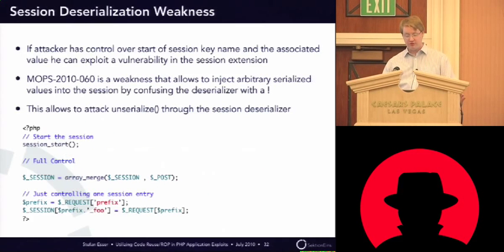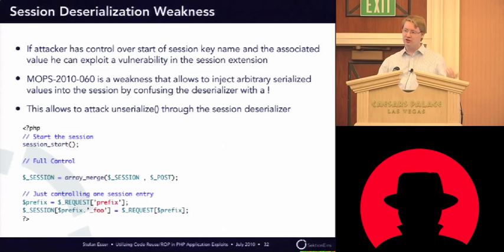The last thing I want to get into is a vulnerability I disclosed during the Month of PHP Security in May. It was actually the last one on the last day. The problem is in the session deserializer. Whenever a session key starts with an exclamation mark, this deserializer gets confused.